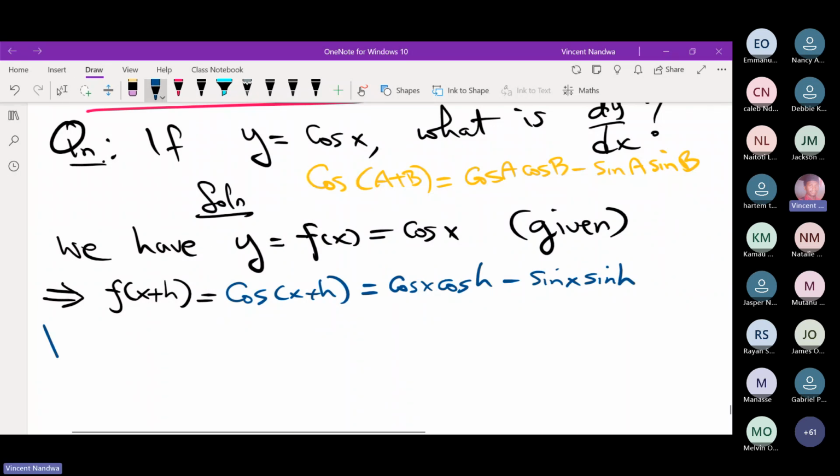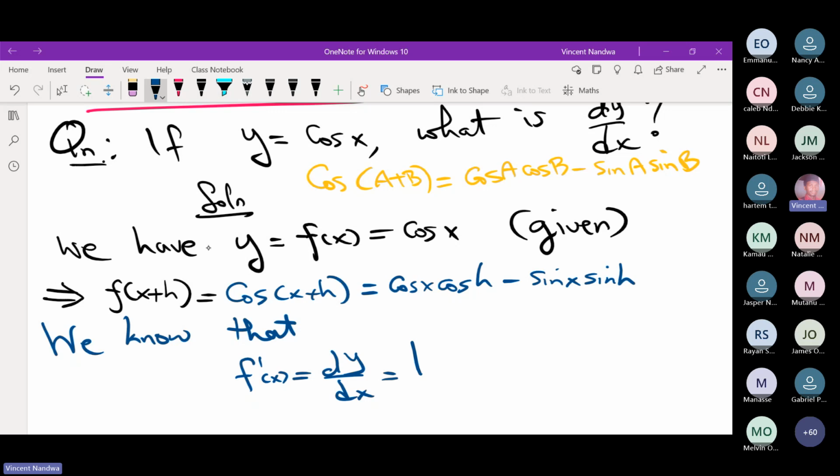Then we know that the derivative f prime of x, which can be written as dy dx, is the limit as h approaches 0 of f of x plus h minus f of x divided by h.